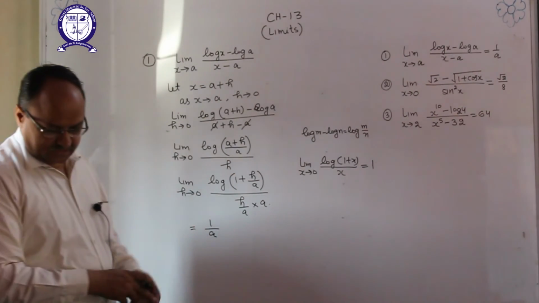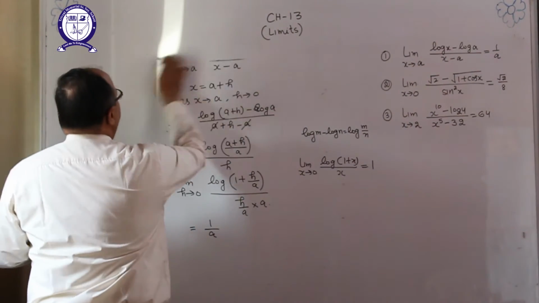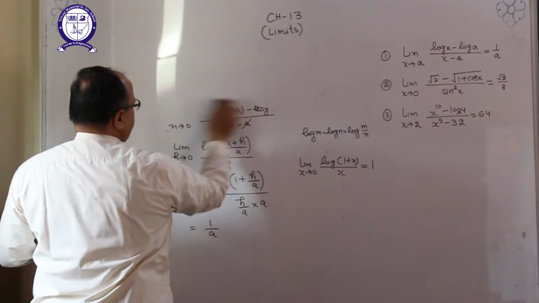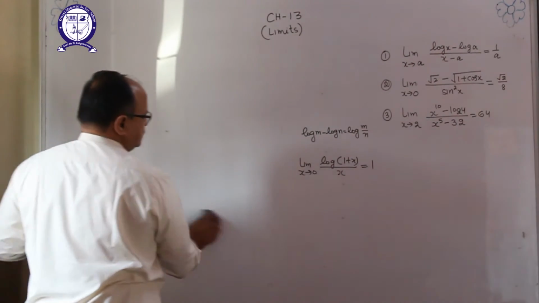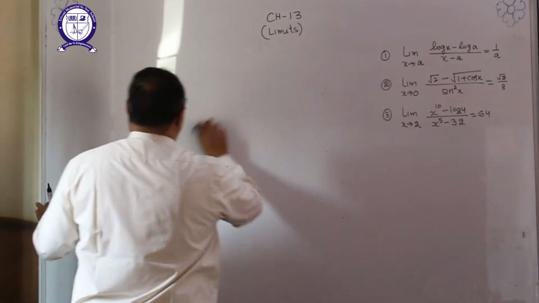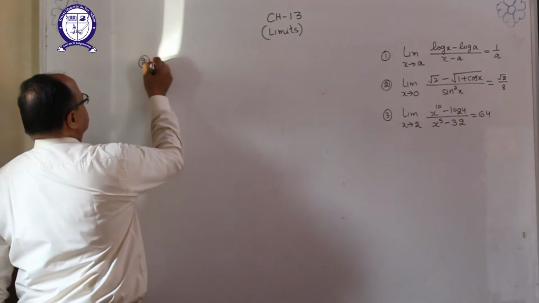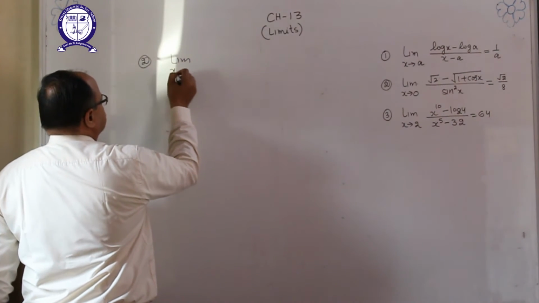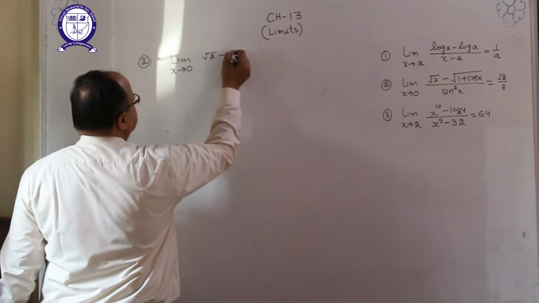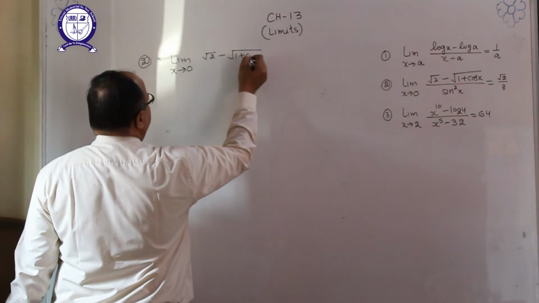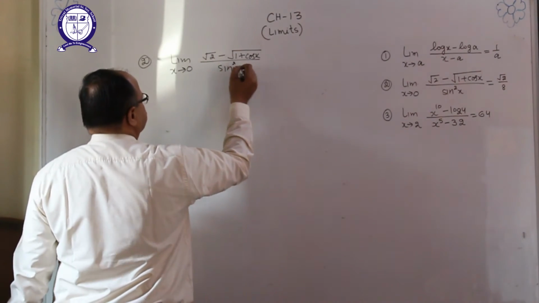Clear? Now we start the second question of the limit. Limit x approaches 0, (root 2 minus root of (1 plus cos x)) divided by sin square x.